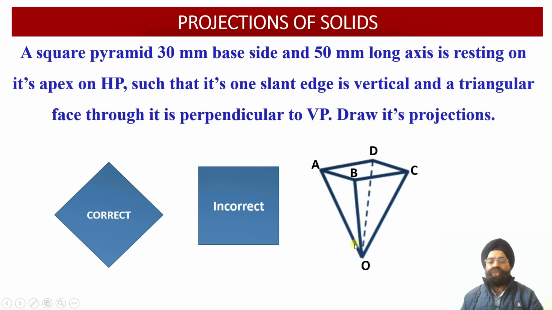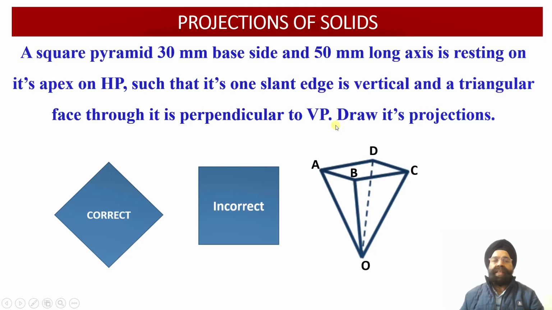Any one of these two triangular faces containing this vertical slant edge, we have to assume either OAD or OAB. The solid is rotated in such a way that the triangular face containing this vertical slant edge becomes perpendicular to the vertical plane.